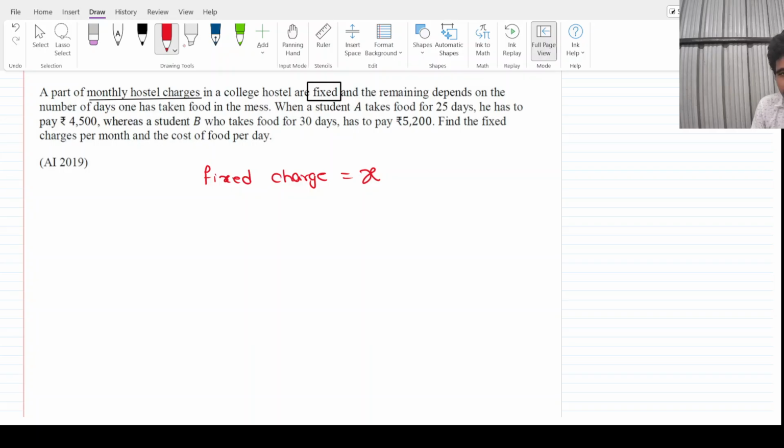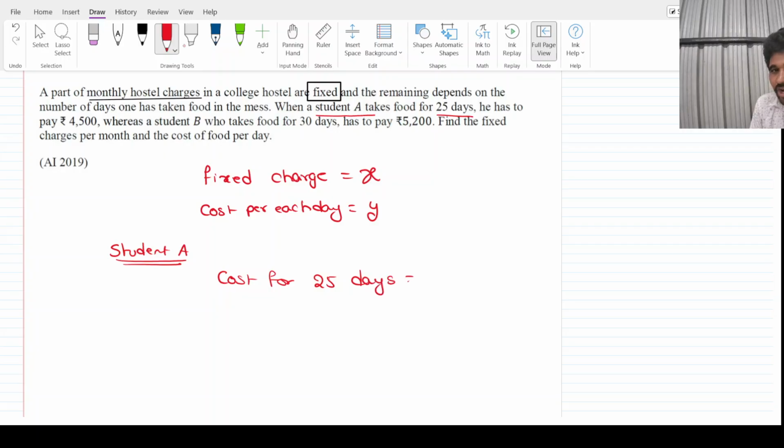So cost per each day is equal to Y. For one day Y, but the fixed cost is how much? X. There is a student A. Student A, 25 days. So cost for 25 days, how much did they mention? 4500.